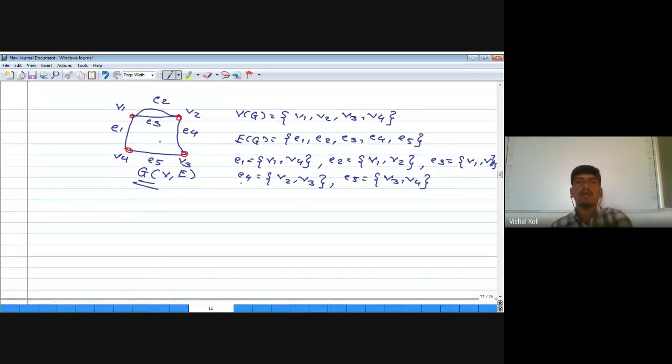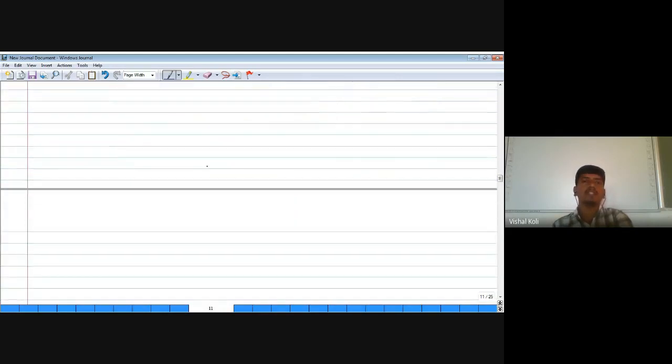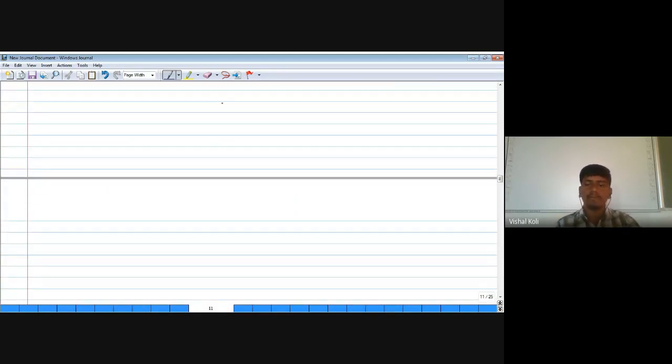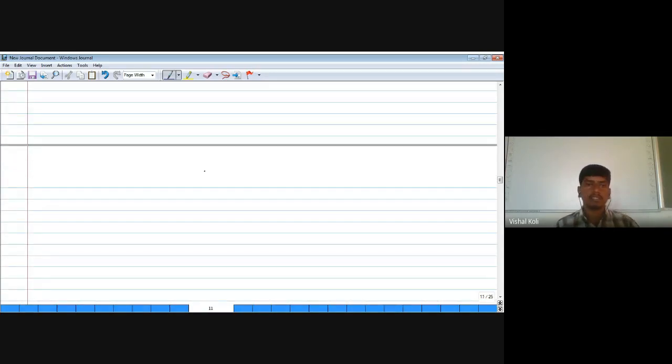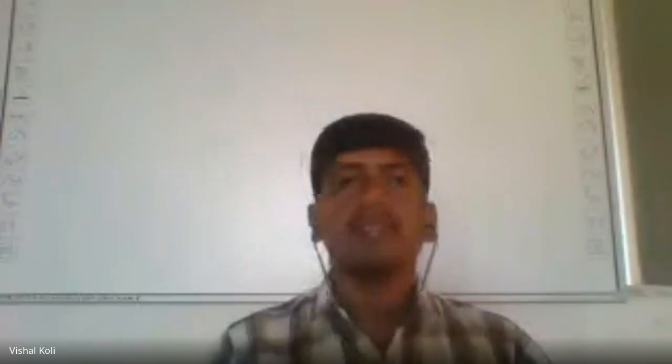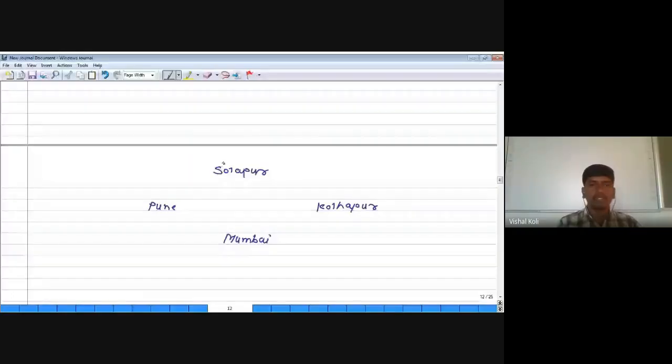Now we have to see what should be the use of graph. Suppose there are four cities, and here is our Solapur. So these are the four cities.